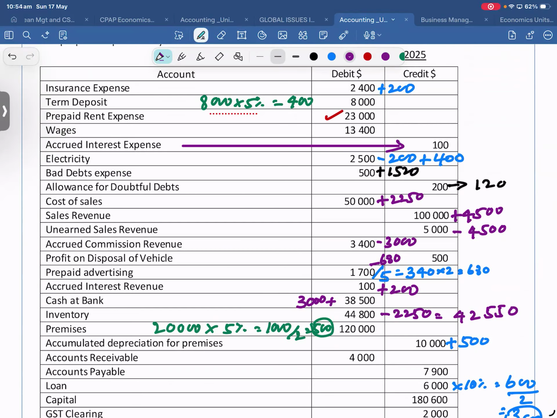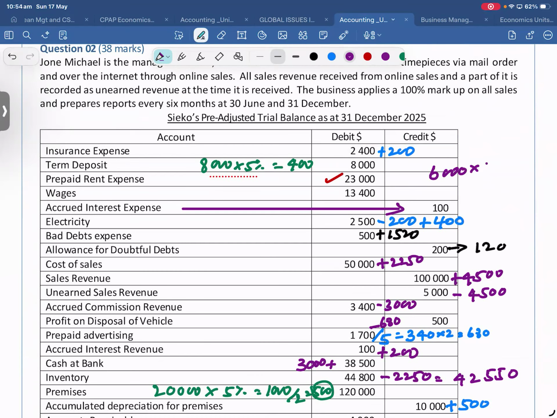Why? Because remember, they always pay April 30th, means that 100 is for the previous period. Why? 6,000 times by 10% times by 2 over 12. Why? Because for May and June, they haven't paid it. They are paying April 30th every year.